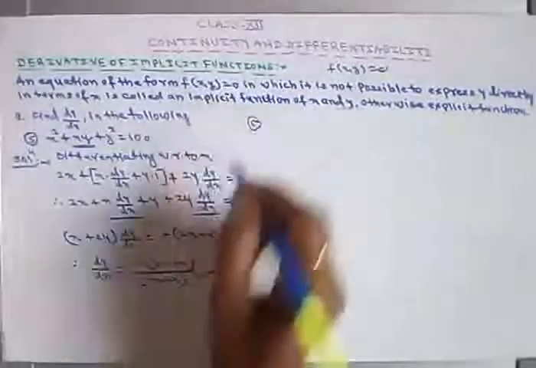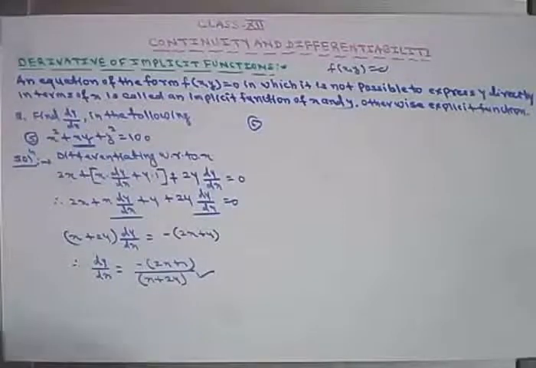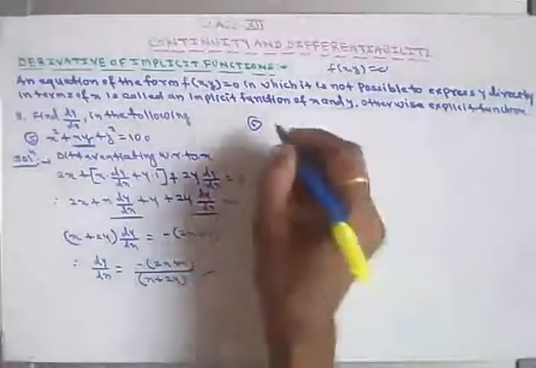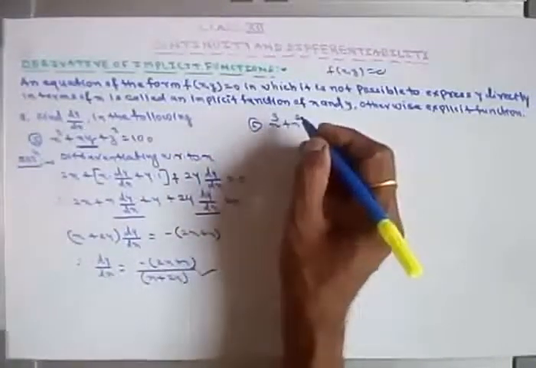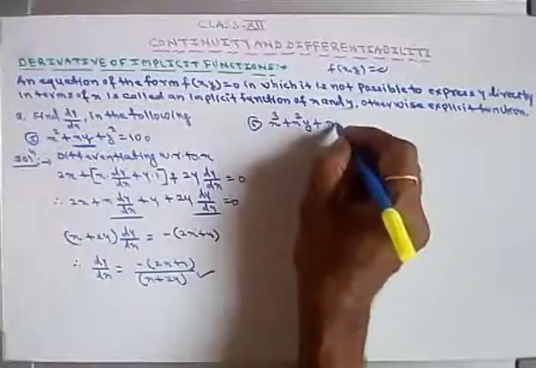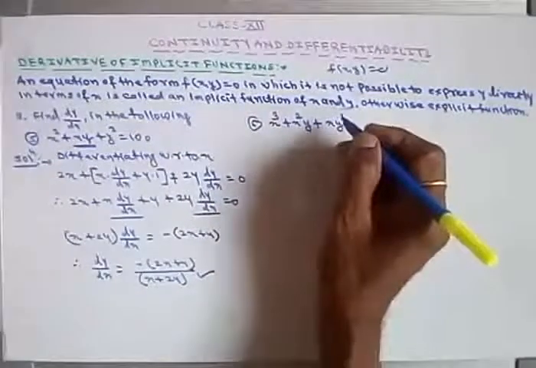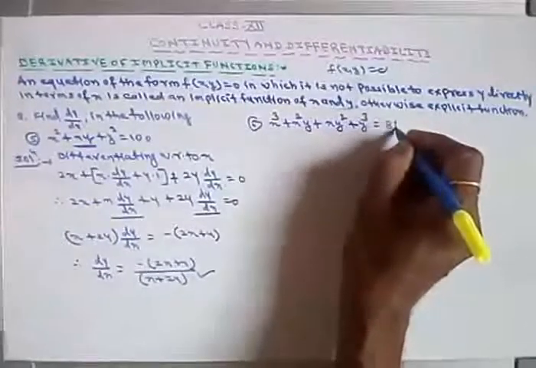Take another example, that is 6. Suppose x cube plus x square y plus xy square plus y cube equals to 81.